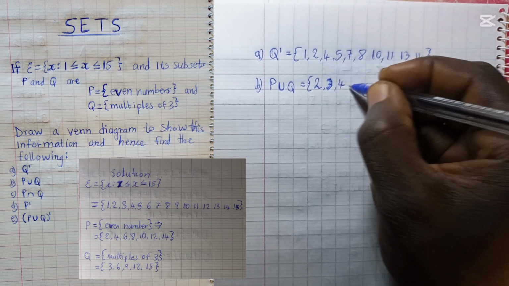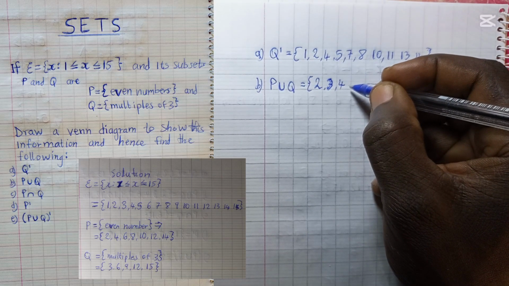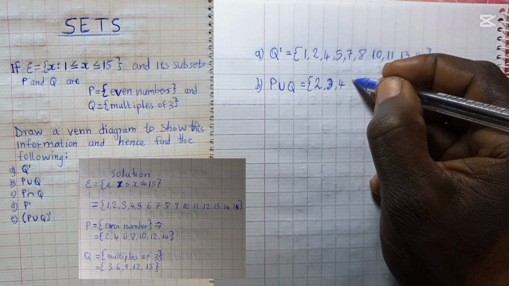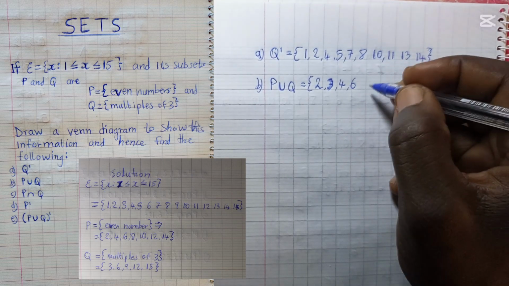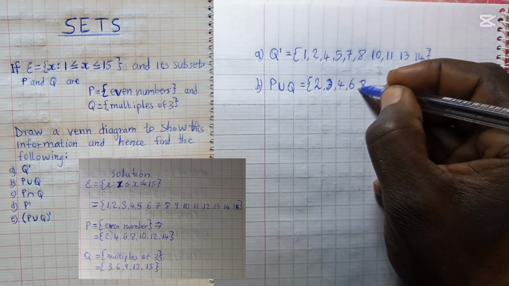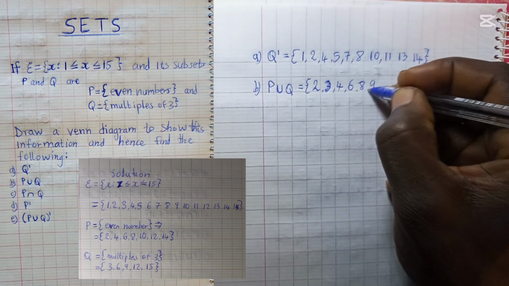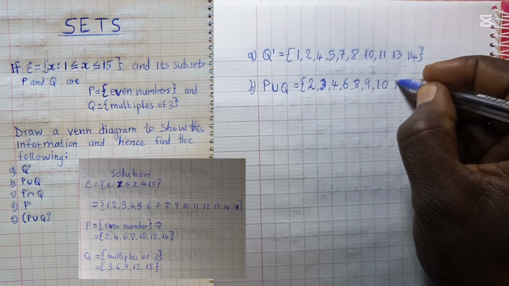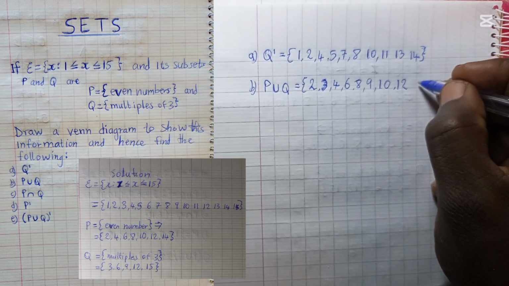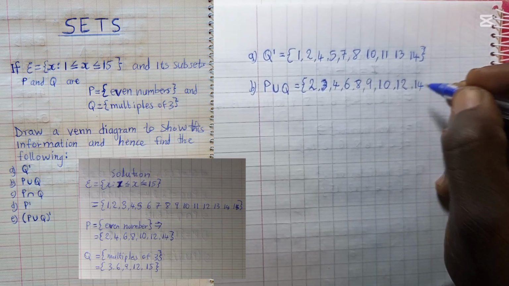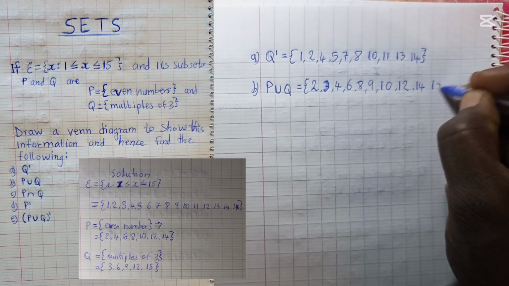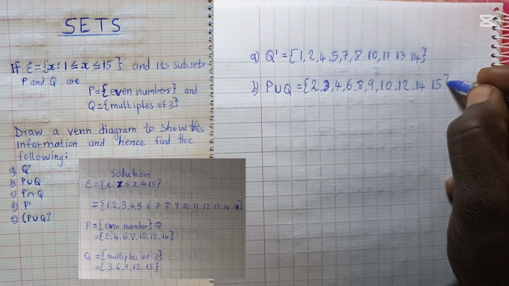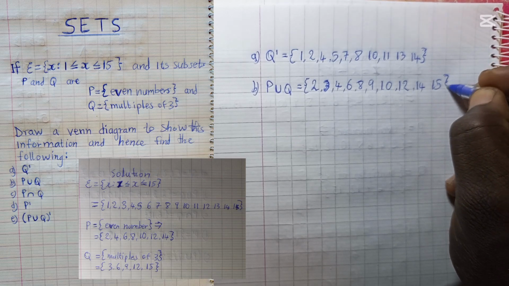There is no 5 in any of the two sets. 6 can be found in set P. And then followed by 8, 9, 10, 12, 14, and 15.